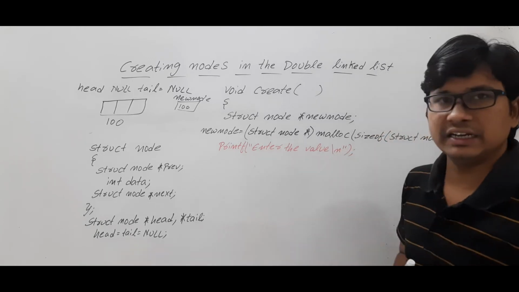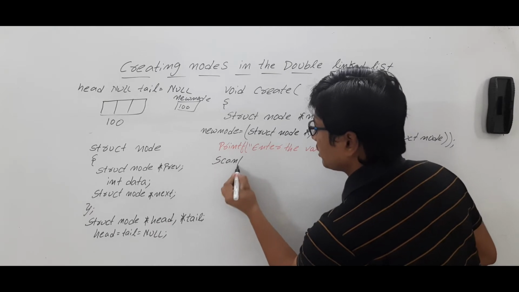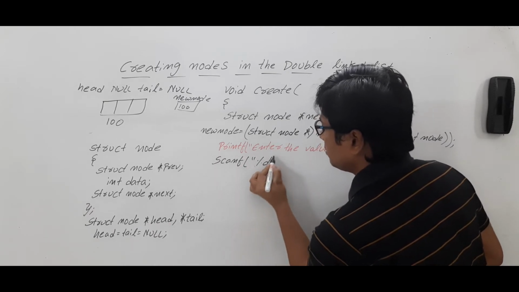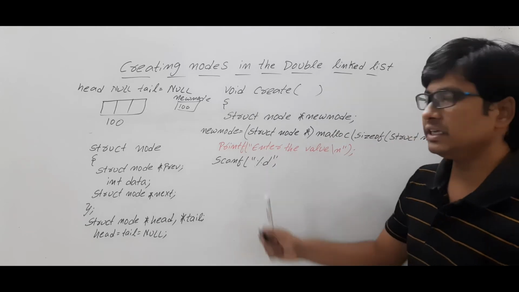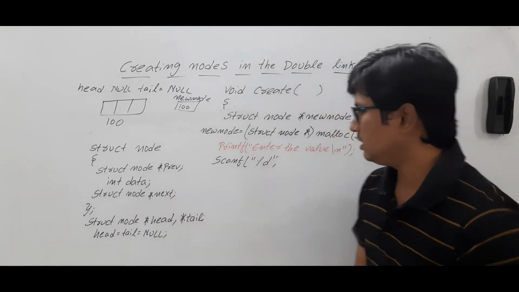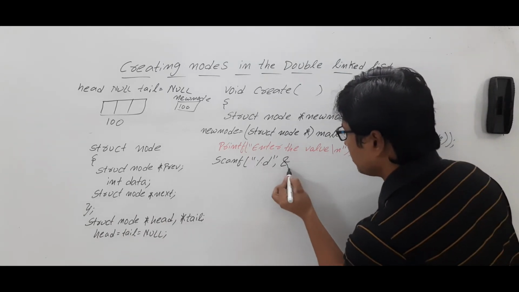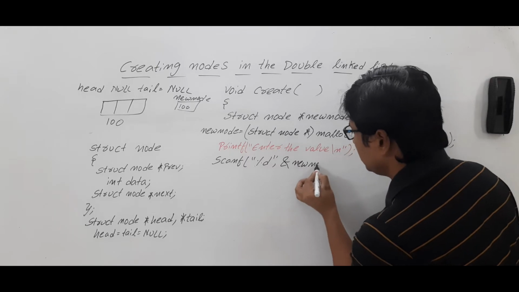Once the user has entered the value, you need to read it with the help of the scanf function, scanf %d, because you are reading an integer, because you have specified the data type of the data as int. So the format specifier you should use is %d and then ampersand new node.